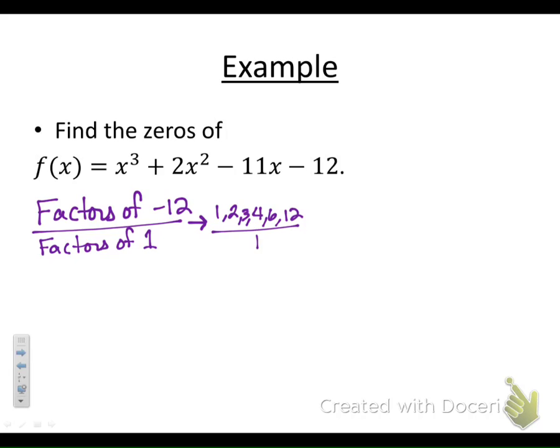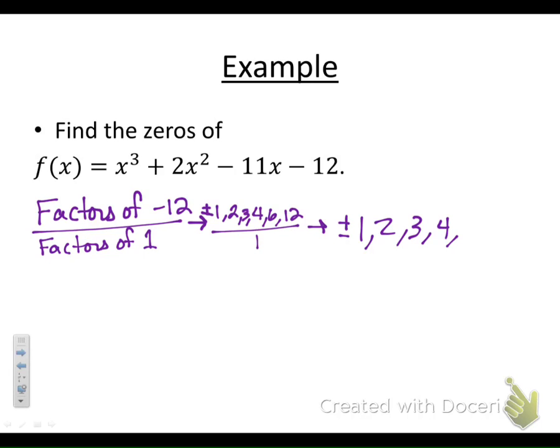Well, wait a second. We talked about how positive and negative numbers, like if I had a positive 1 with a negative 12, negative 1 with a positive 12, I need to realize plus or minus any of these can be a possibility. So really, what am I trying to find? Because every single one of these divided by 1 is just the top.